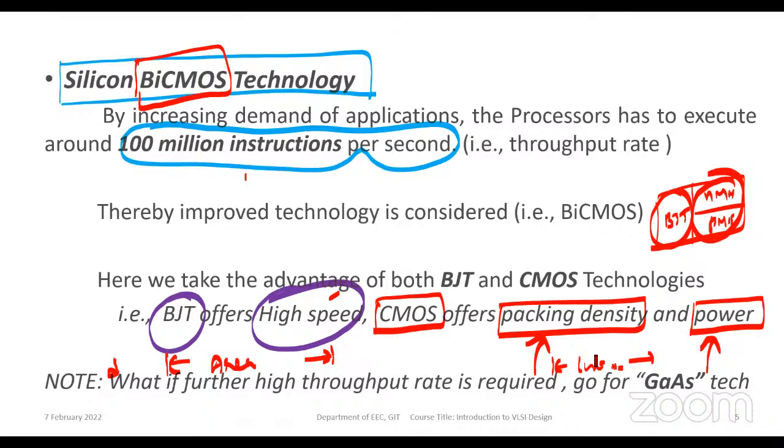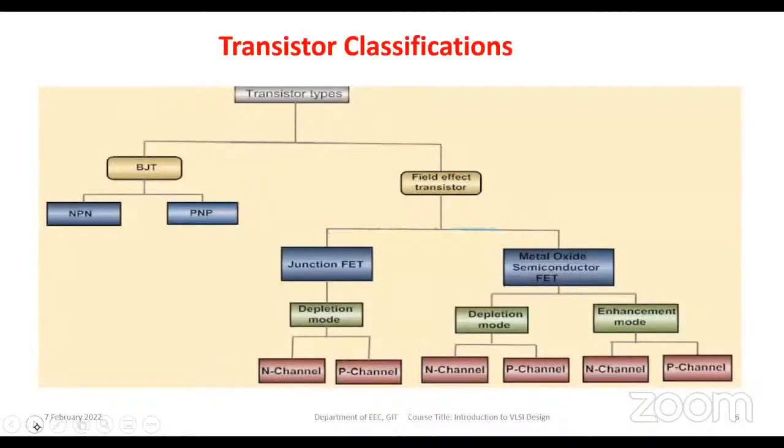When we move from silicon-based to gallium arsenide-based technology, it is in order to improve the throughput rate. For example, with gallium arsenide we can obtain more throughput rate, right? Agreed. So that's what we can say about IC technologies.